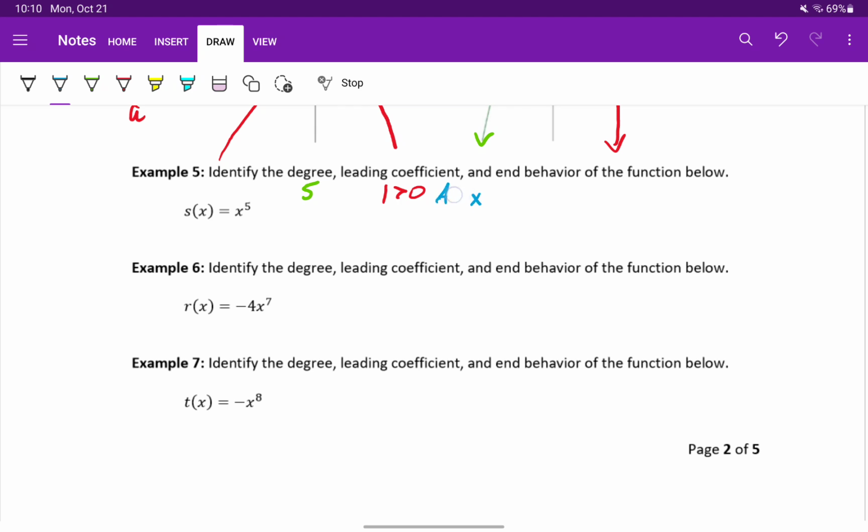So as x approaches positive infinity, s of x is not equal to, but should be approaching positive infinity. And as x approaches negative infinity, s of x is approaching negative infinity.